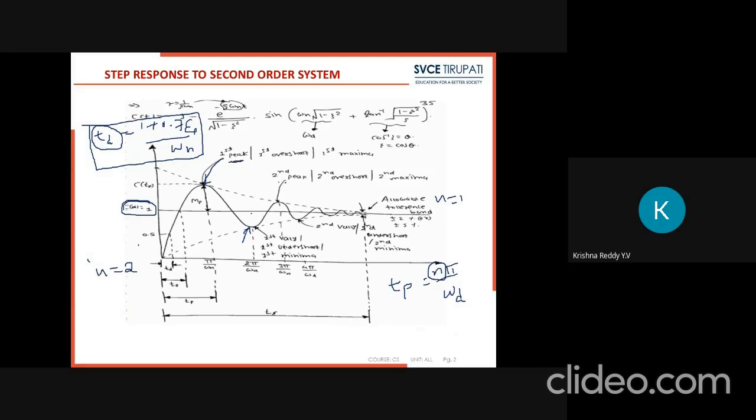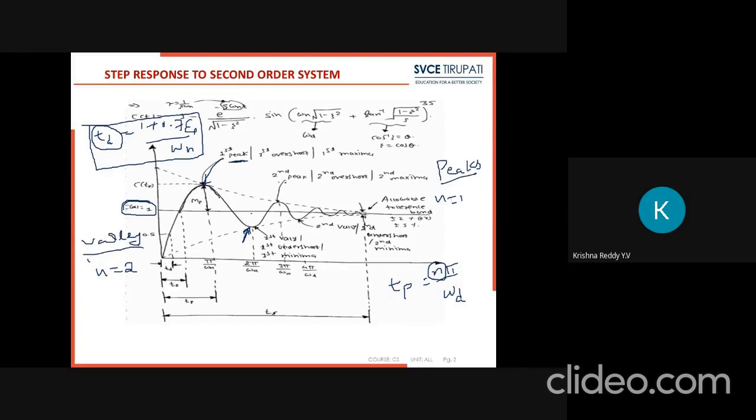In this case, we are having peaks of the response and valleys of the response. First peak means n equal to 1. First valley means n equal to 2.